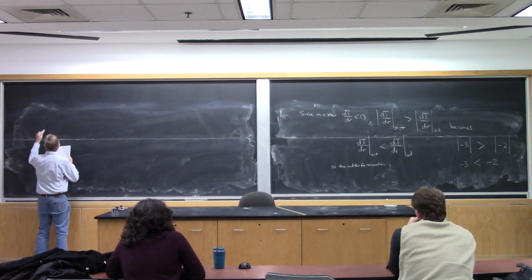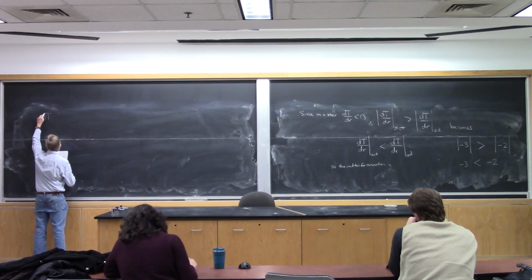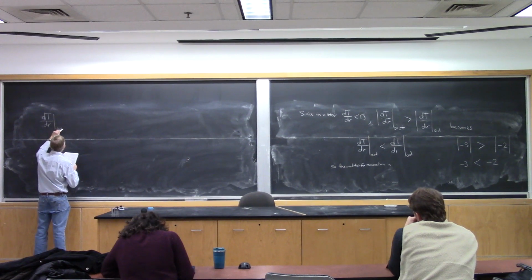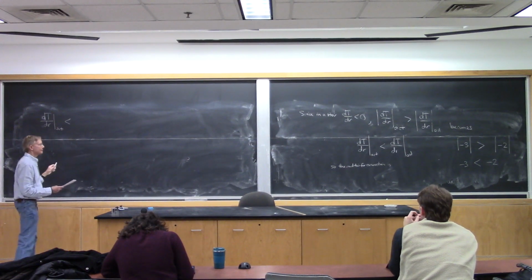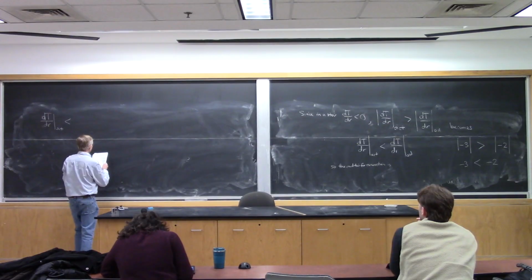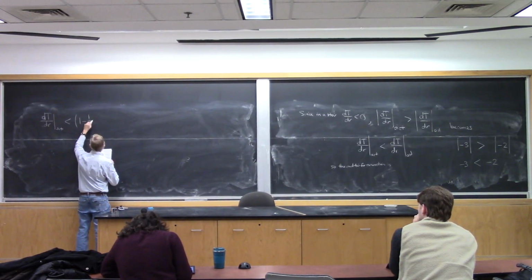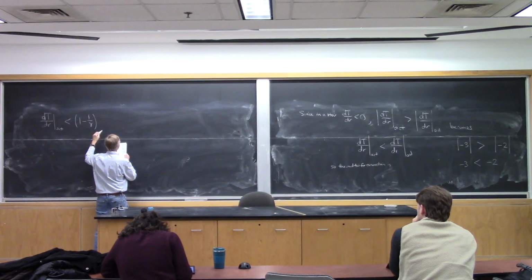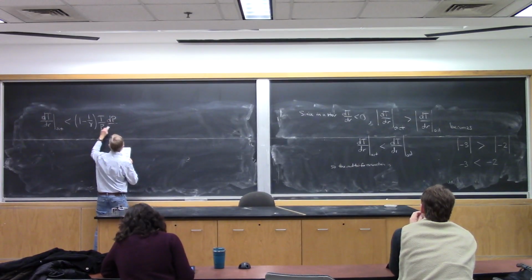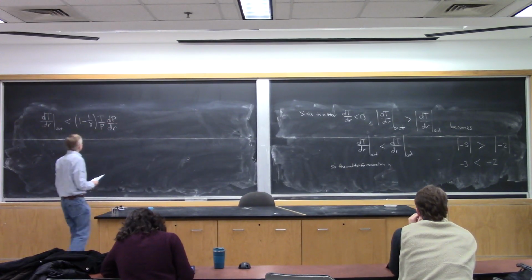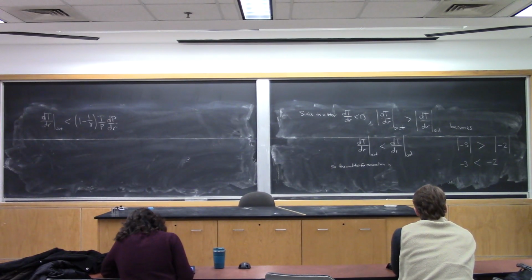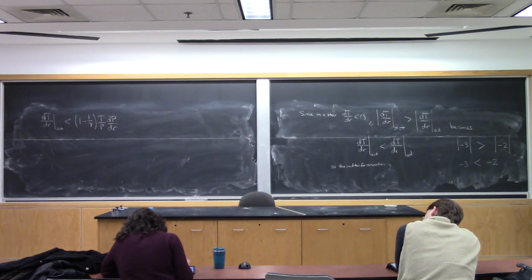Becomes dT/dr. The actual gradient is less than the adiabatic gradient, which was 1 over 1 minus gamma, T over P, dP/dr, which we then decorated with the ideal gas law.